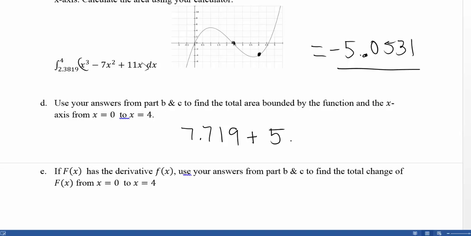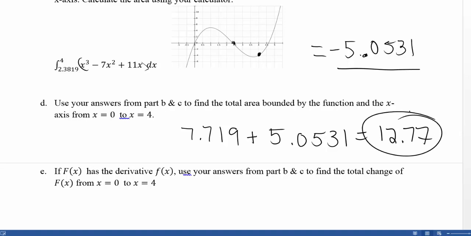And I'm going to count it as positive because here I'm looking for total area. When I add those numbers together, I'm going to get 12.77 approximately. So the area bounded by the function and the x-axis has a total area of 12.77.